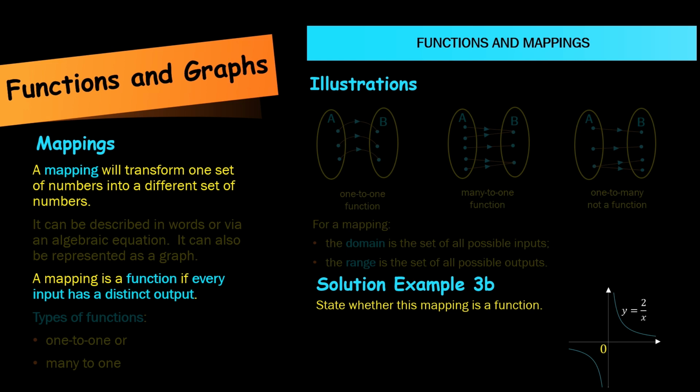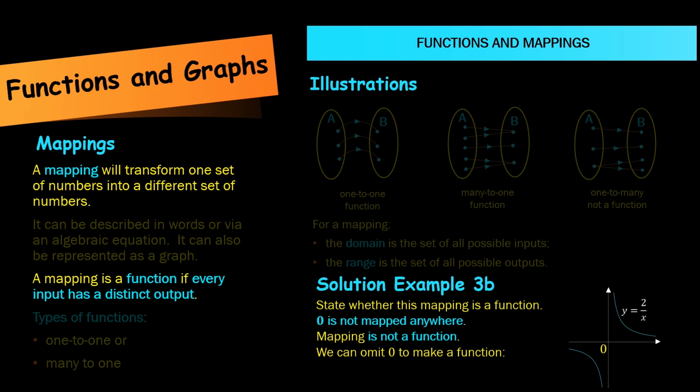Let's again recall the definition of a function. A mapping is a function if every input has a distinct output. However, if we consider 0, we know that it's not mapped anywhere because 2 over x, or 2 over 0, does not make sense. Therefore, the mapping is not a function.